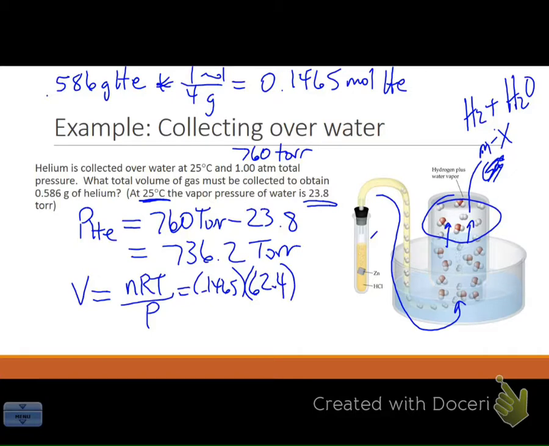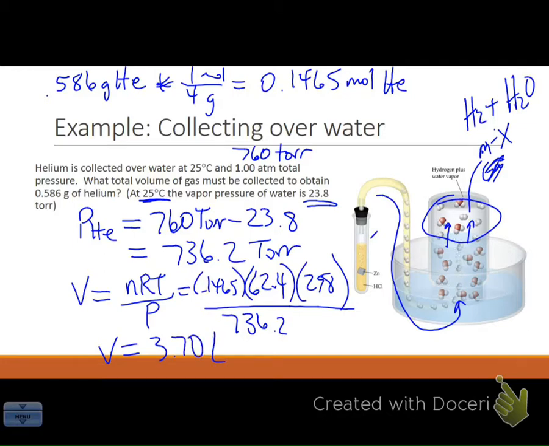We've used that value before. And 298 Kelvin, that's 25 Celsius, over that pressure that we just calculated. And so ultimately, the volume of this helium comes out to be 3.70 liters.